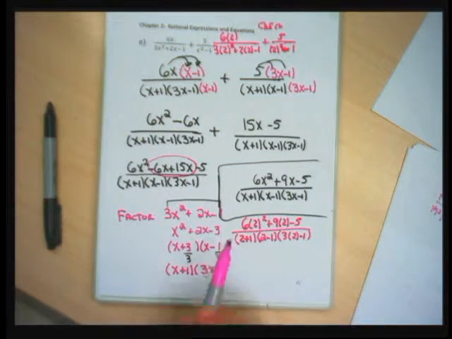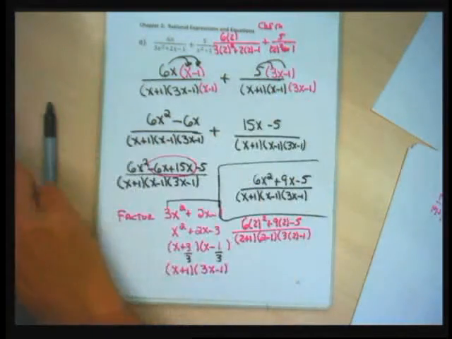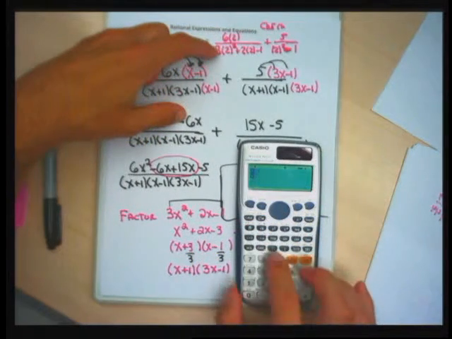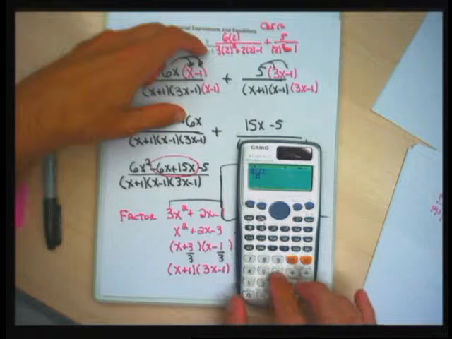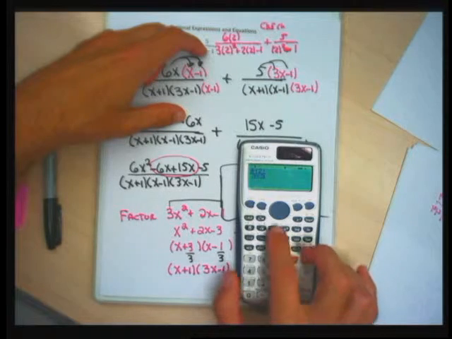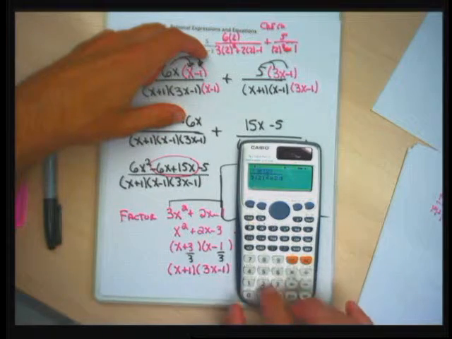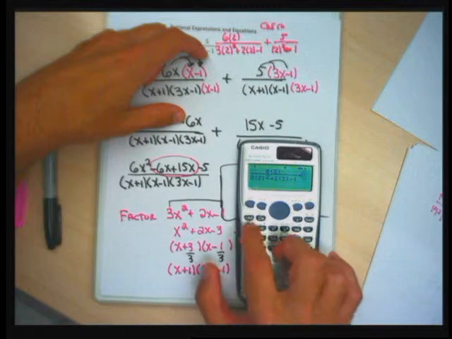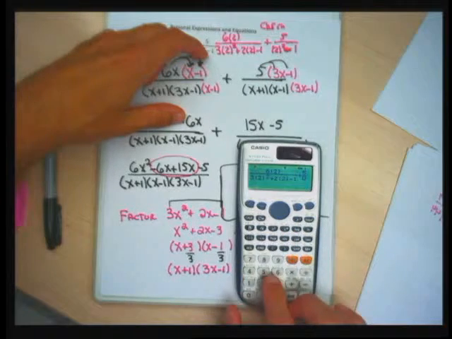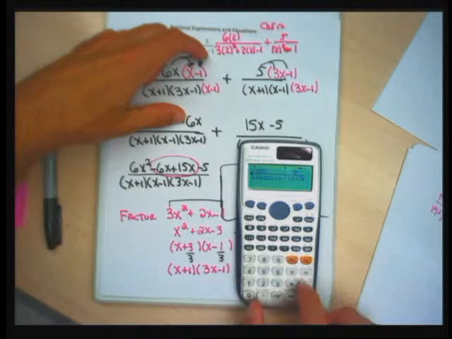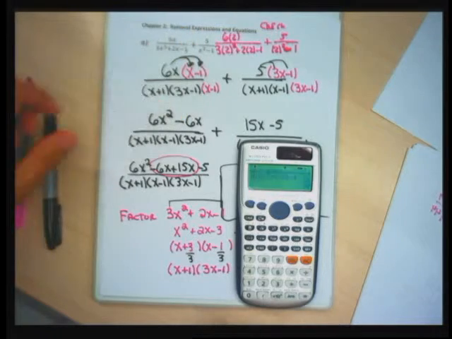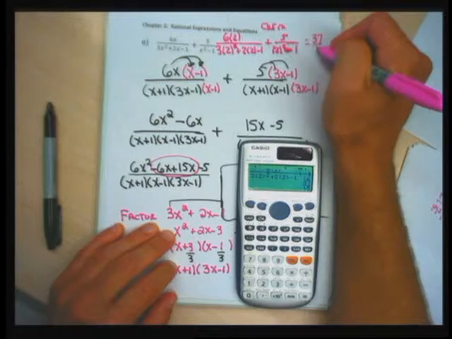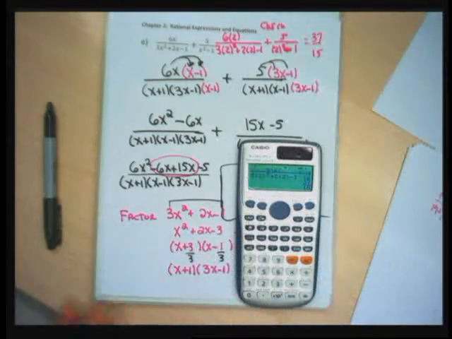So I'm going to do the double checking here and make sure that I pick that minus sign up. So checking 2 into the original problem. Fraction 6 times 2 over 3 times 2 squared plus 2 times 2 minus 1 plus fraction 5 over 2 squared minus 1. Assuming I entered it correctly, my calculator tells me that this comes out to 37 over 15.